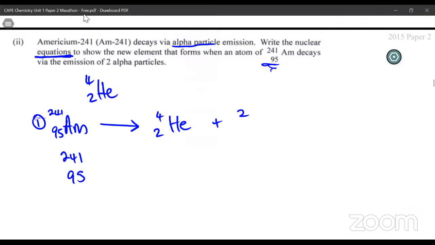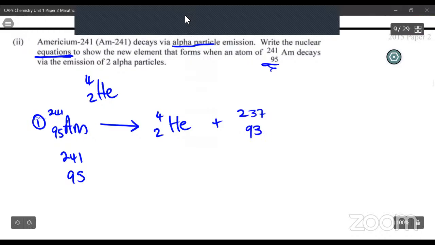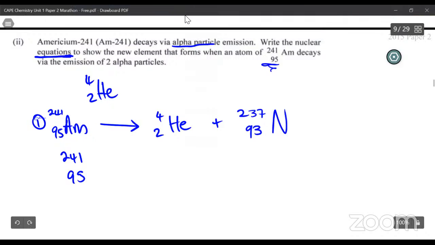And the atomic number would decrease by 2, because you ask yourself, what plus 2 gives me 95? And that would be 93. Now, you want to find out which atom on the periodic table has an atomic number of 93. And that's Neptunium, symbol Np.